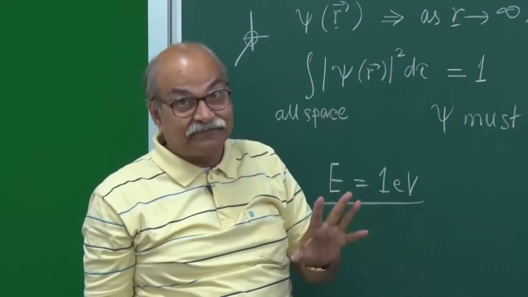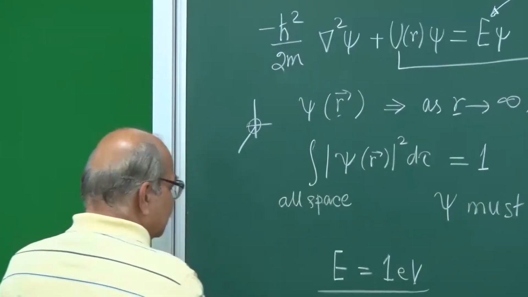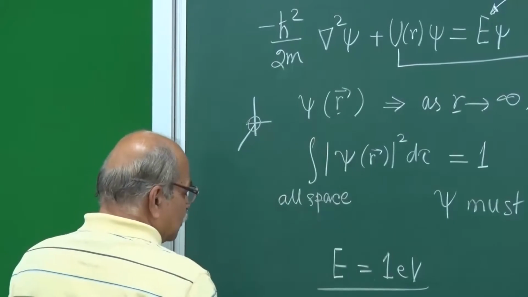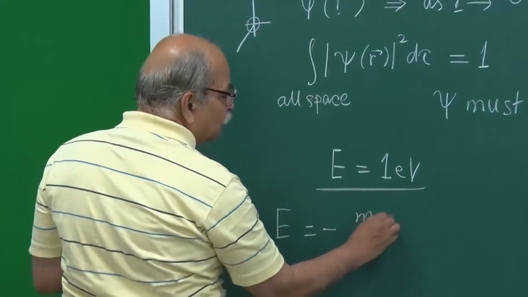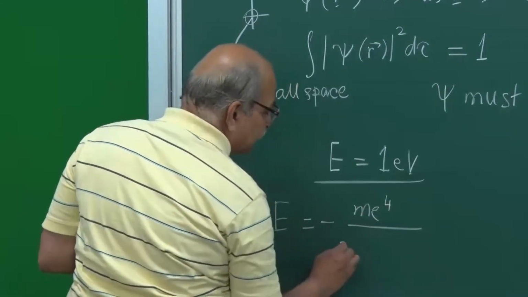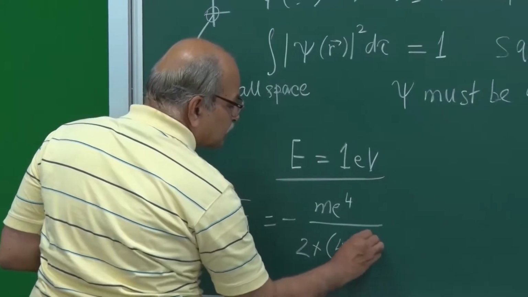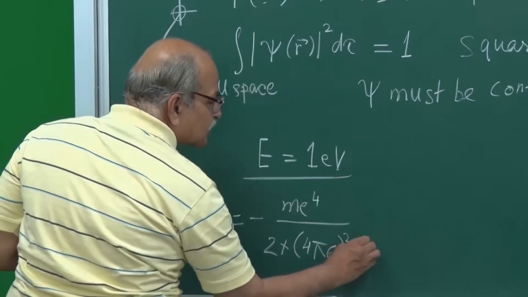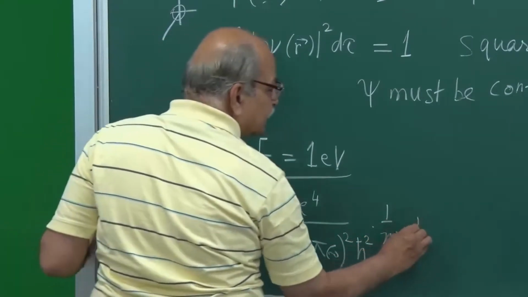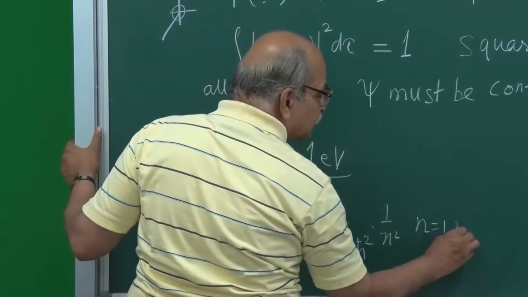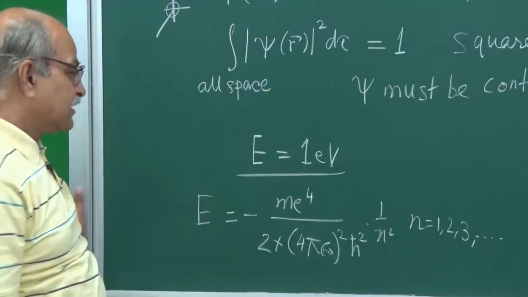So that's the first thing. And in this particular case, it turns out that those energies are given by minus m e to the power 4 divided by 2 into (4 pi epsilon naught) square h cross square, and 1 by n square here, where n is equal to 1, 2, 3 and so on, some positive integer.